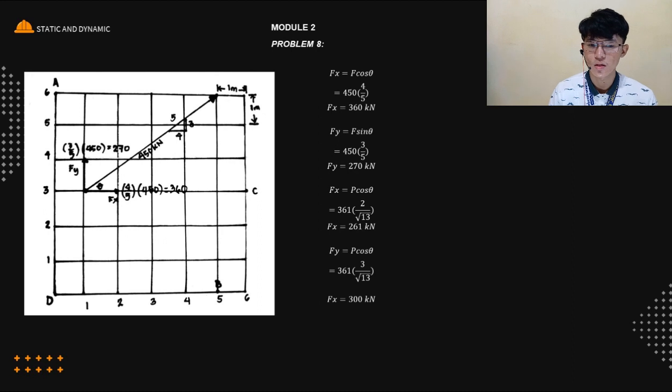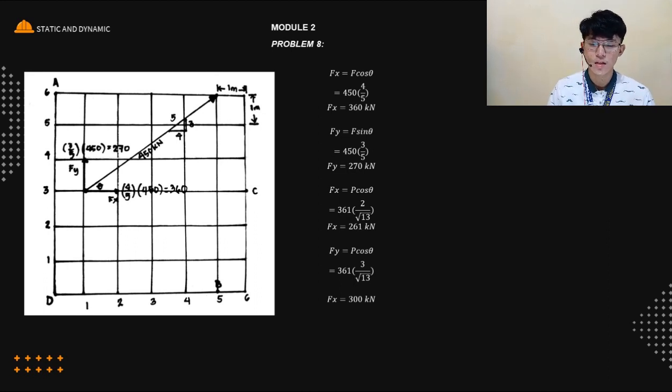Susunod naman po natin kunin ay yung pangalawang force. So, sa pangalawang force, ang makukuha nating f of x, using the formula, P cosine theta. So, 361 times 2 over the square root of 13. So, makukuha nating f of x sa pangalawang force is 261 kN.